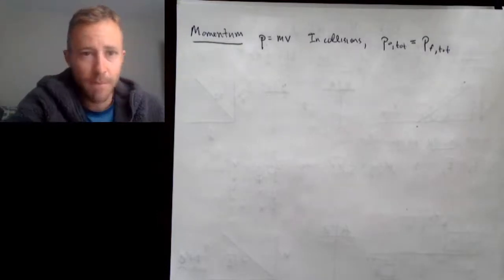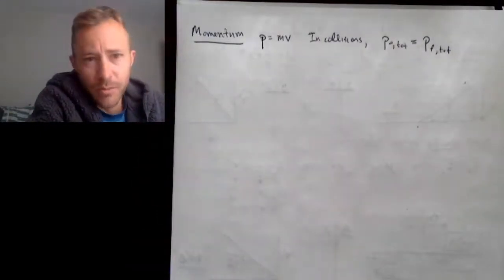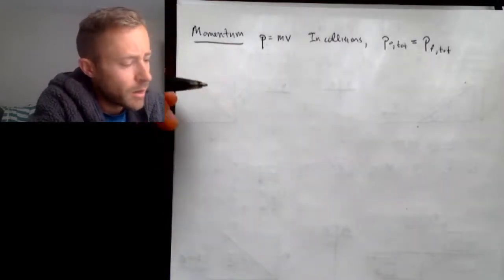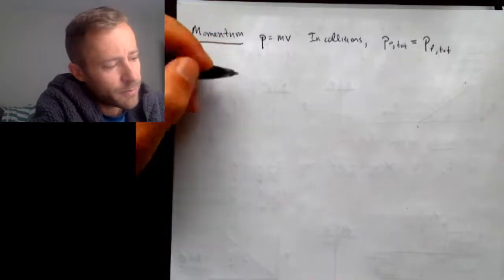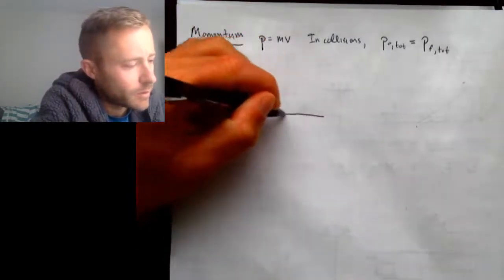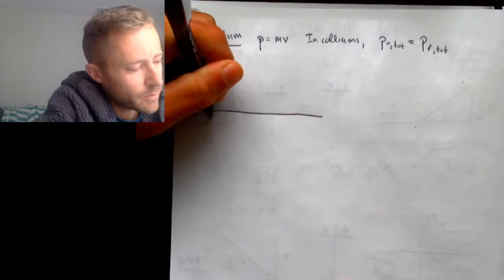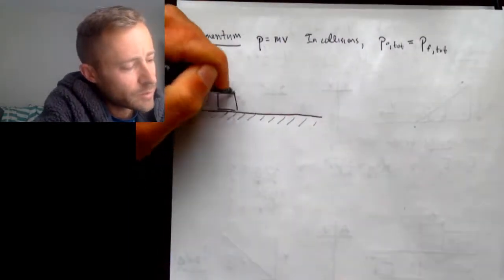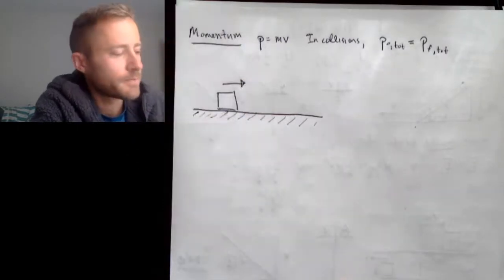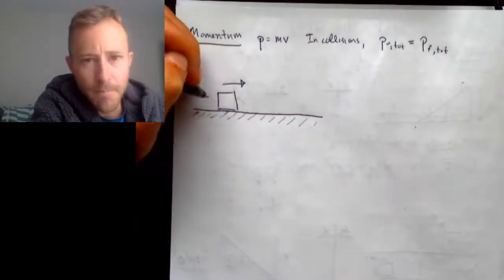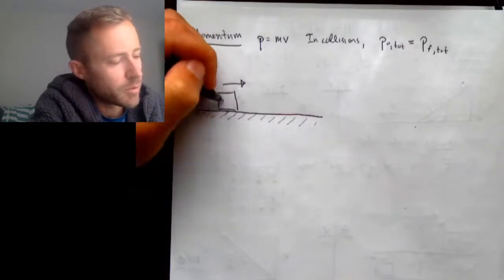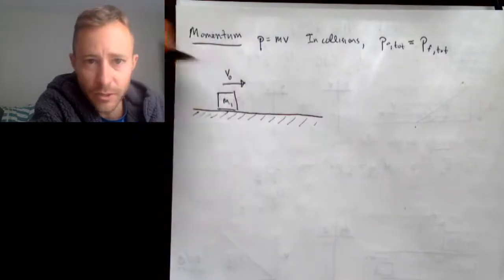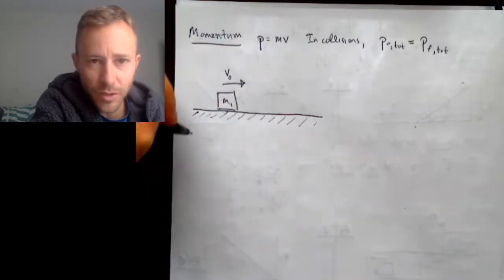summed up. So here's a simple momentum experiment that you could do. Here's a floor. You have a block that is sliding along. So maybe this block has a mass m1, it's sliding along with a speed v initial, and you measure that speed.